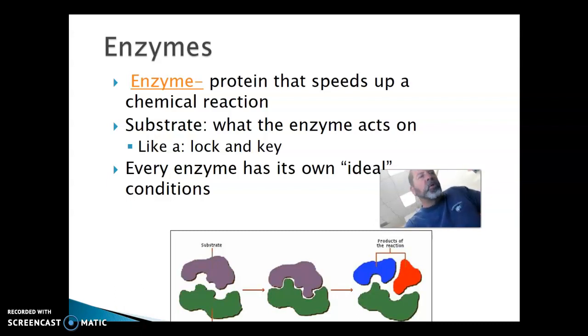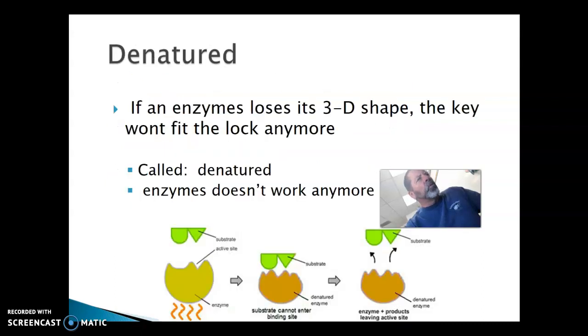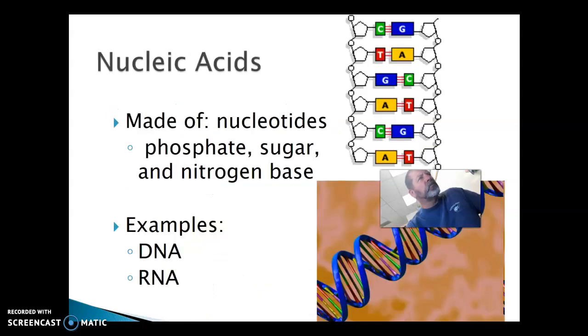Well, if I were to put that green piece under heavy temperature or expose it to the kind of toxicity you'd find in drugs, you've changed the shape, and it can no longer create the reaction that you need it to. So that's a good reason not to take up vaping. You don't want to change the shape of the enzymes in your body so they no longer work. You don't want to denature them. We'll learn more about that as it goes. But yes, denaturing is the process of changing the shape of an enzyme.